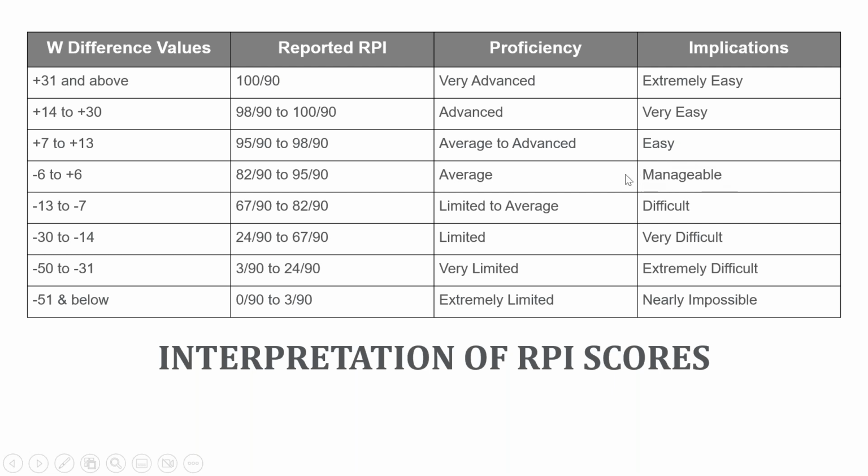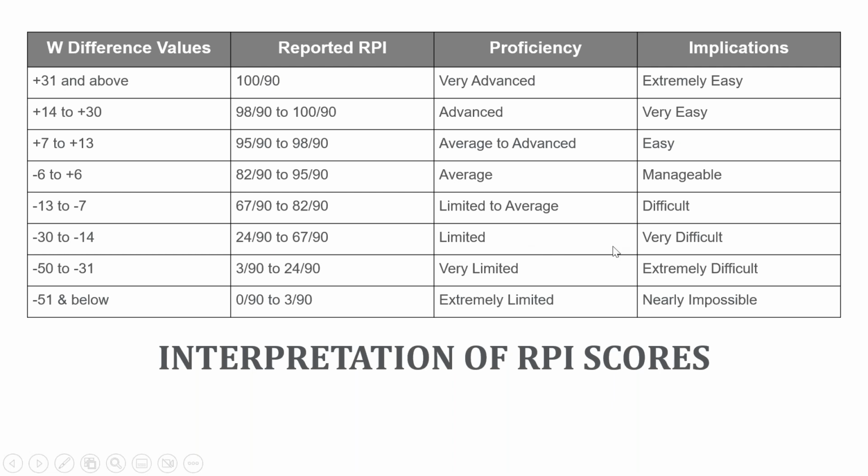So you can see how the description of the relative proficiency index provides you an avenue by which you can explain the functional manifestations for a particular student in the classroom. Let's take another example. If we have a student who earned a reported RPI of 26/90, that is indicative of limited proficiency in that task.